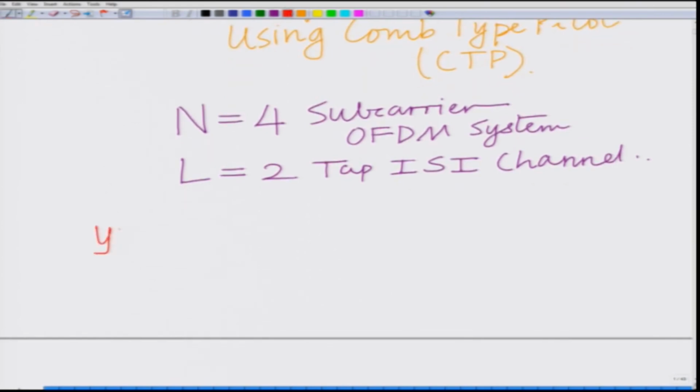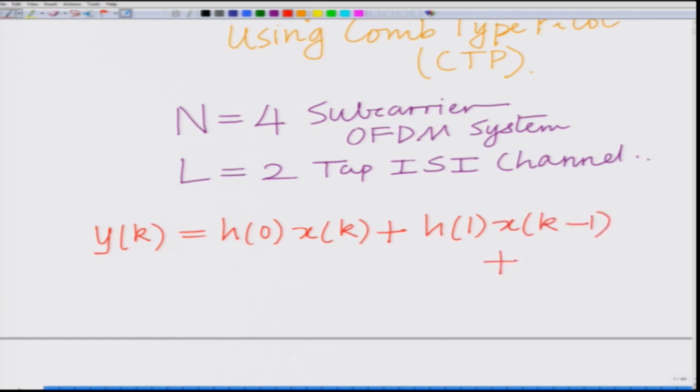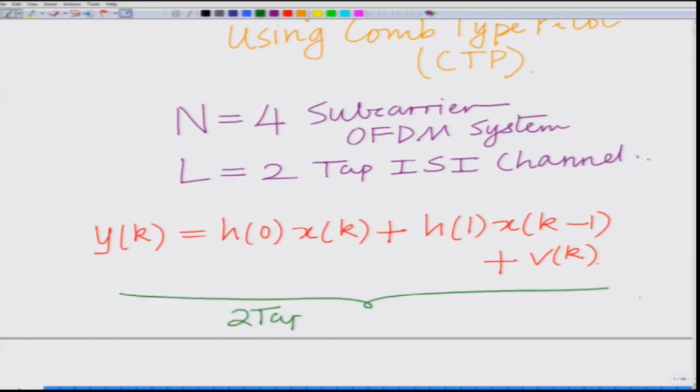Therefore, I have Yk equal to H0 times Xk plus H1 times Xk minus 1 plus Vk. What is this? This is basically your 2 tap ISI channel.